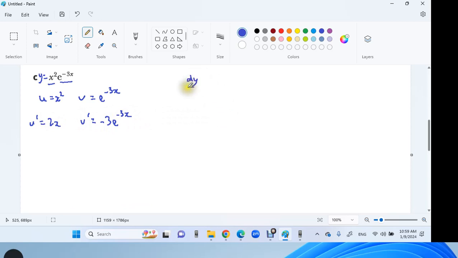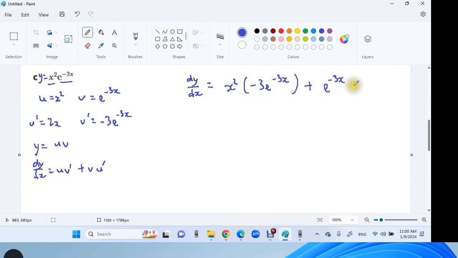So dy/dx, if we have uv, will be uv prime plus vu prime. We copy the one in front, that is x squared, then differentiate the one behind, that is negative 3e to the power negative 3x, and then plus e to the power negative 3x and then we have the 2x here.